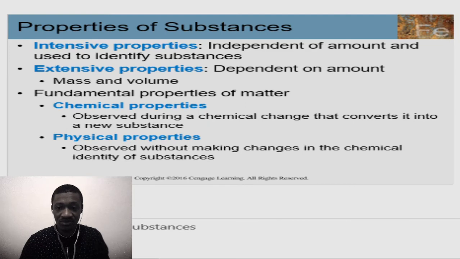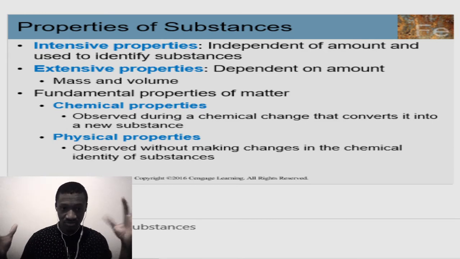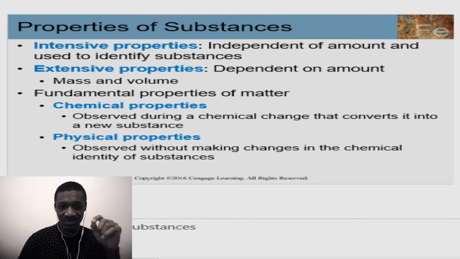So in this part, we're going to be doing properties of substances. Substances have two major properties, because inside those properties you have other properties. The first is the intensive properties.